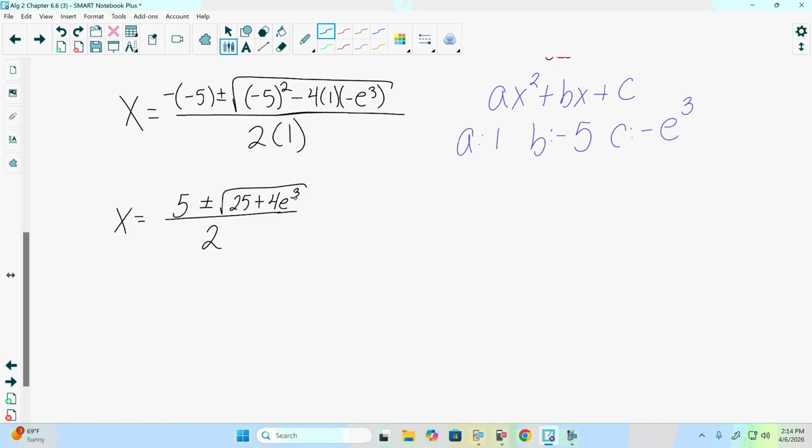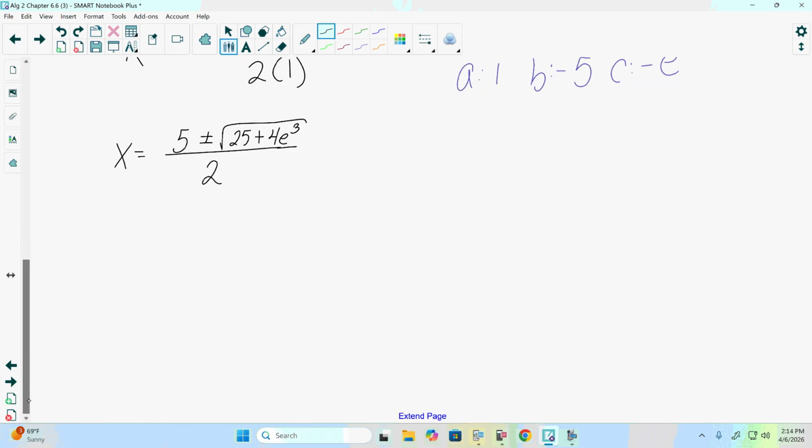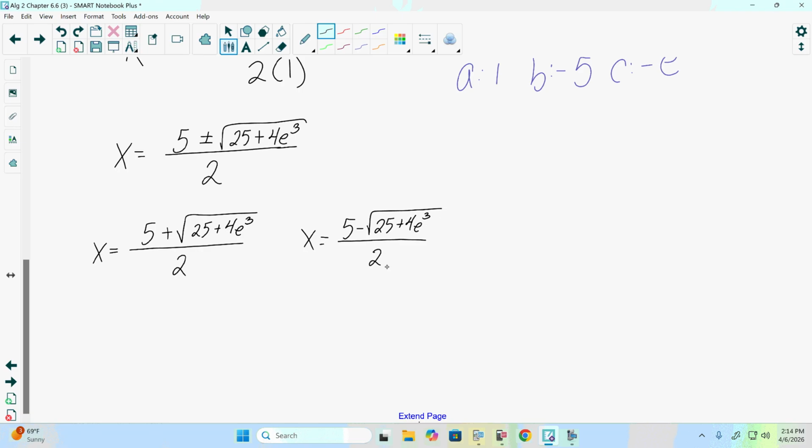And we do have 2 solutions here, because what we have is x is equal to 5 plus the square root of 25 plus 4e to the third, all over 2. And our other one is 5 minus the square root of 25 plus 4e to the third, all over 2.